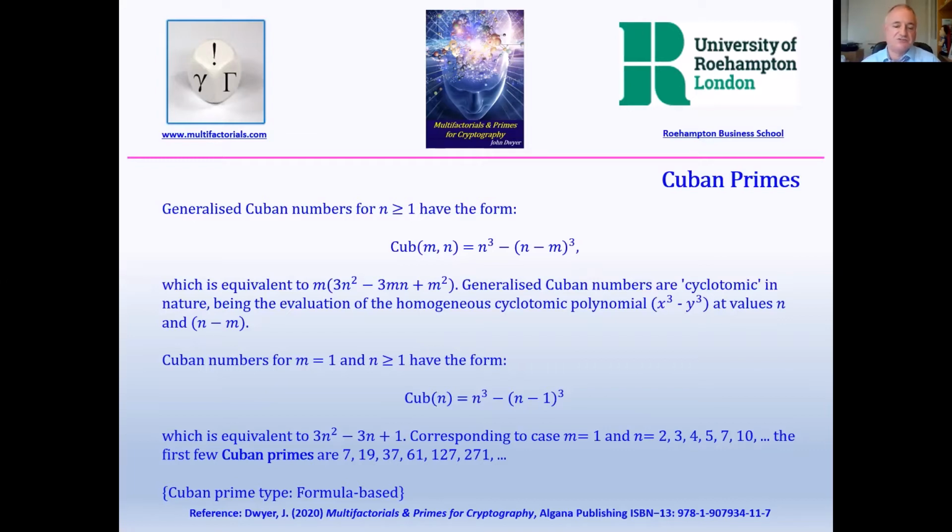And that's the function and definition that often appears in textbooks. Turns out that the Cuban numbers which are prime are 7, 19, 37, 61, and so on. And it's a particular type of formula-based prime number.